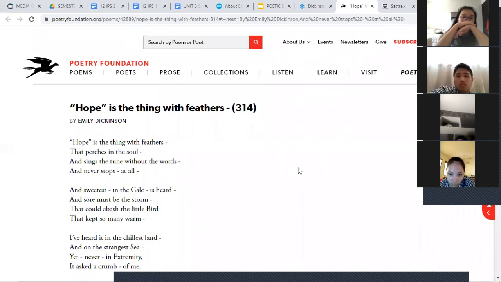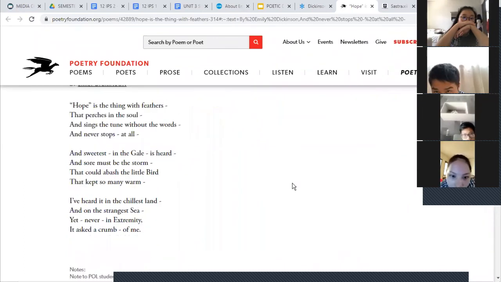And sweetest in the gale is heard, and sore must be the storm that could abash the little bird that kept so many warm. I've heard it in the chillest land and on the strangest sea, yet never in extremity it asked a crumb of me. That's it. That's a very short rhyme.